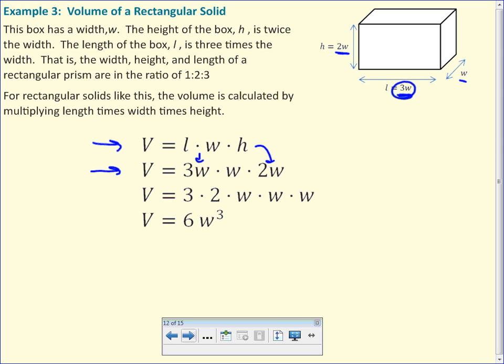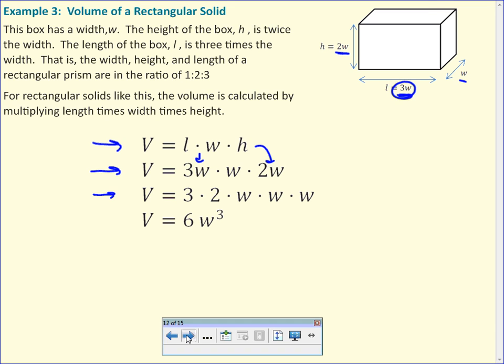We know that 3W is 3 times W, and 2W is 2 times W, so now they expanded it and wrote it all out. We know that 3 times 2 is 6, and what's W times W times W? W cubed. But we would still have to label it like feet cubed or inches cubed, whatever it might be.